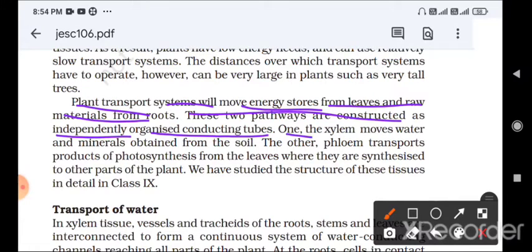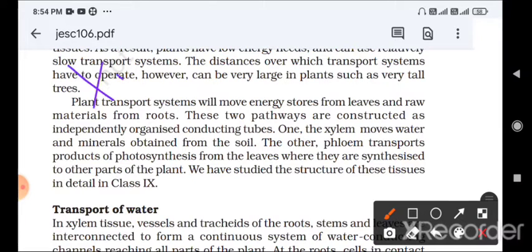One is the xylem, which moves water and minerals obtained from the soil. We already know that the two types are the xylem and the phloem, correct?